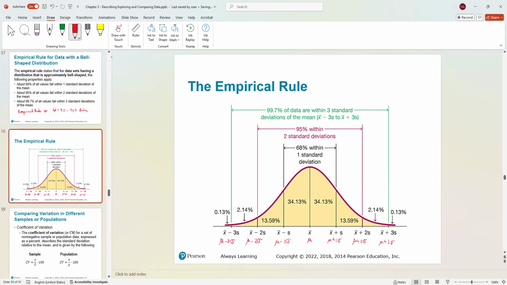Or we can say 95% of people working in that company have income ranging from 40 to 60,000.